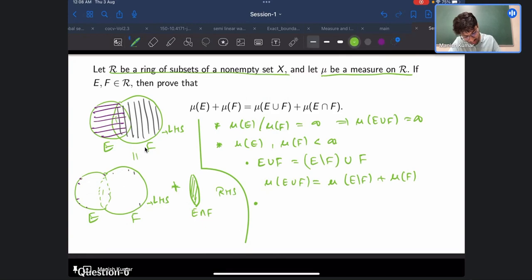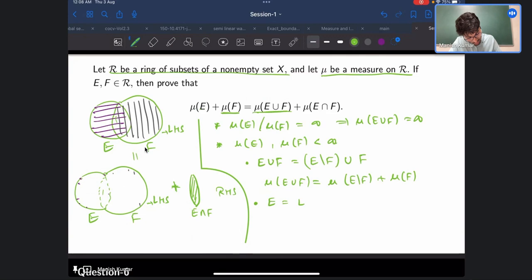Now we got this term and we got this term. Now we want to look for this and this. So let us try to see what this E can be written as in disjoint format. I want to write in terms of intersection.